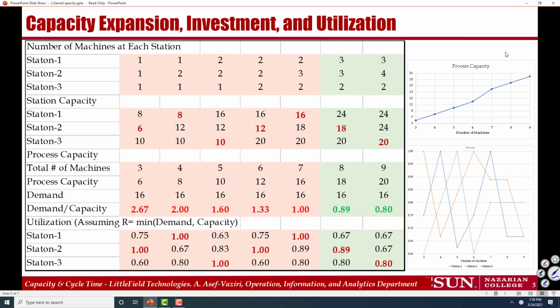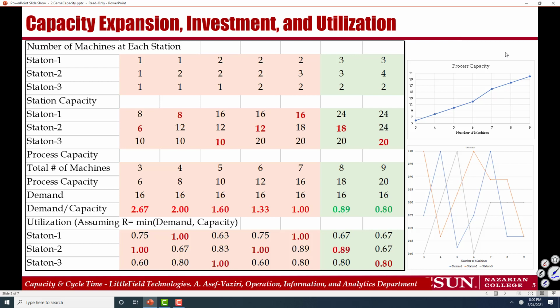Okay, here I have tried to tabulate step-by-step increase in capacity. This table differs from the actual game that you will play, so do not duplicate what I am saying.